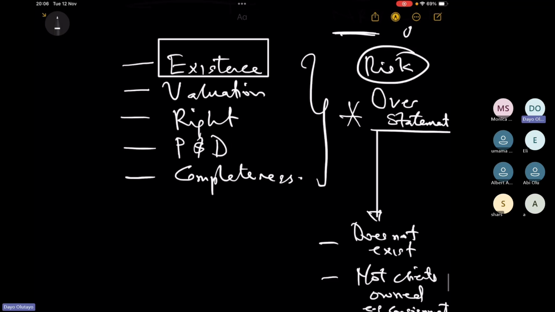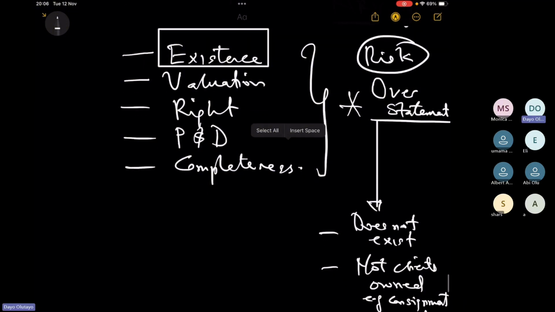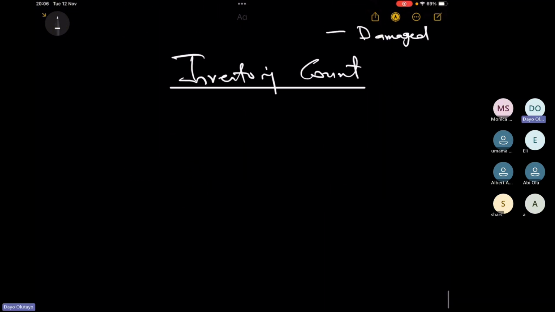It addresses existence, it addresses valuation. Very important, right? So how is inventory count done? Let me explain this to you, please. And I'll start with a warning.